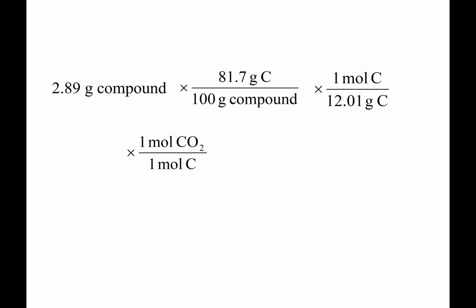Yep, 1 mole CO2 over 1 mole of carbon. Perfect. Does anybody remember the molar mass of carbon dioxide? You will after you do all these problems this weekend. It is 44.01, yep. So if we go with 44.01 grams of CO2 over 1 mole of CO2, voila!